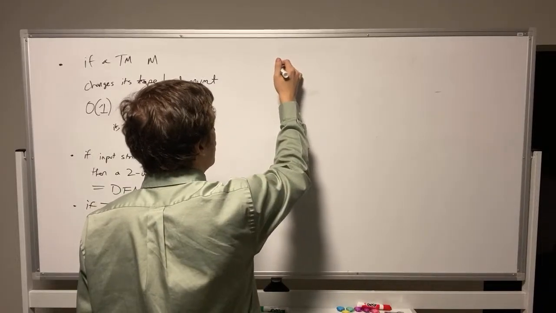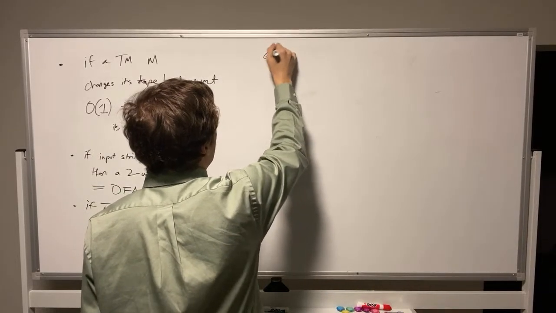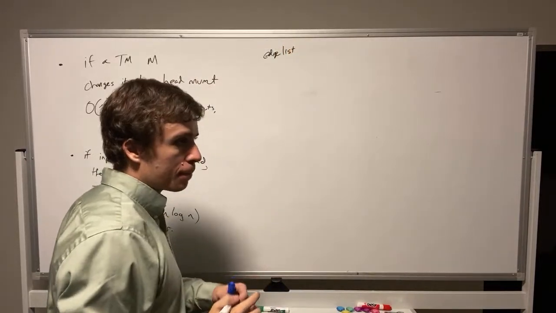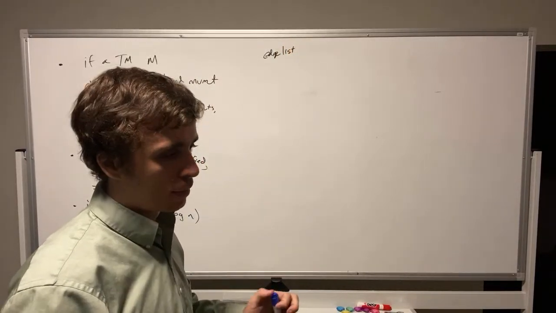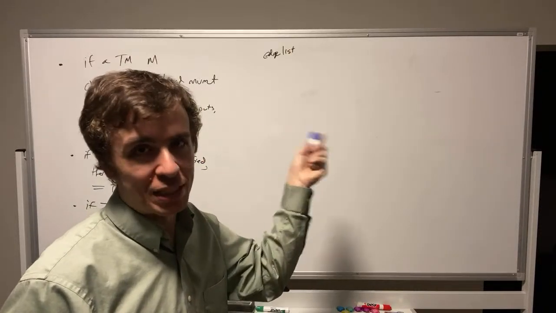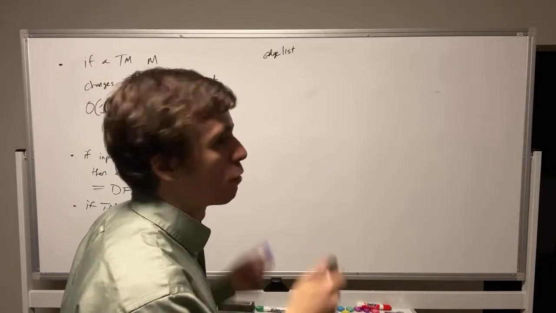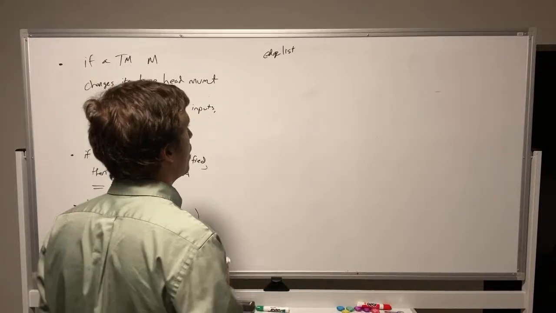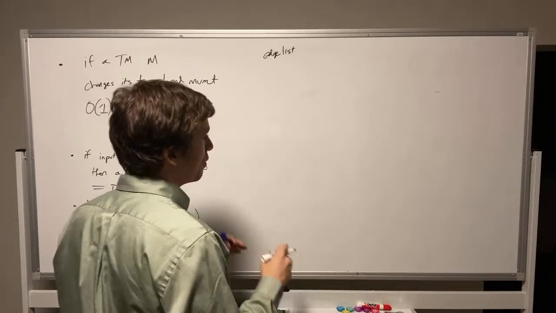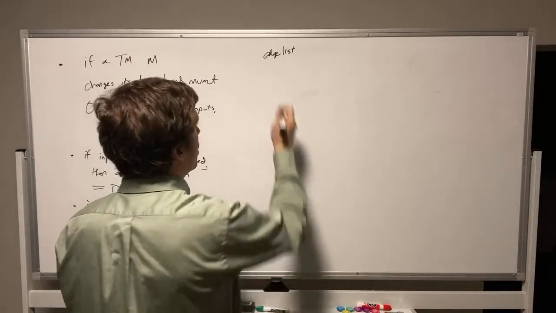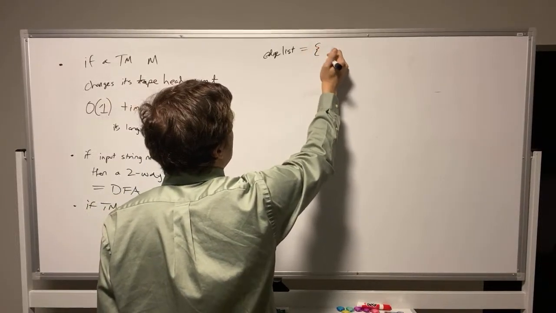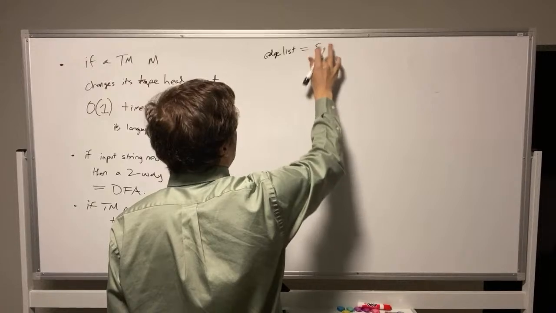So one thing that you can do, if we wanted to do an edge list, let's say, and honestly, unless you're looking at the actual runtime, the input format doesn't really matter. As long as you pick one of the three, it really does not matter, because you typically just look at decidability of something. All right, so here, let's say we're given an edge list. Let's say that the edge list is a set.